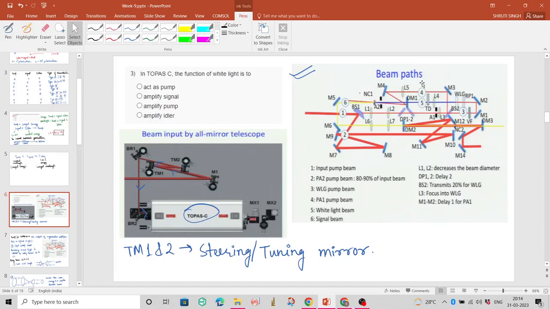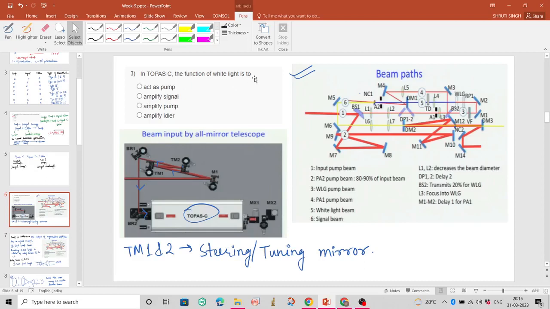White light is generated just to have a wide range of color options available, a wide wavelength range available. So we can choose any one of them to amplify. That's why we first generate the white light here using the sapphire crystal. So the answer to this question should be to amplify signal.